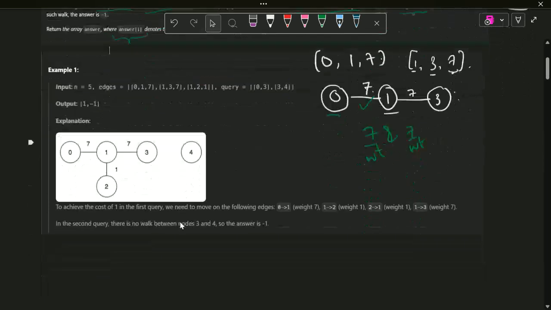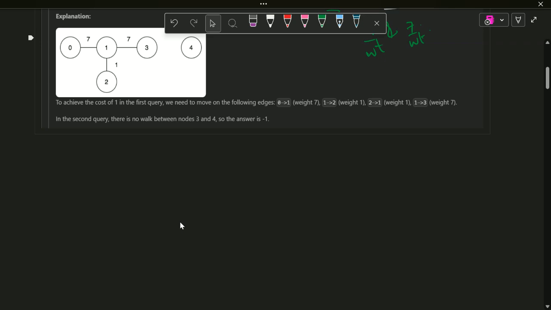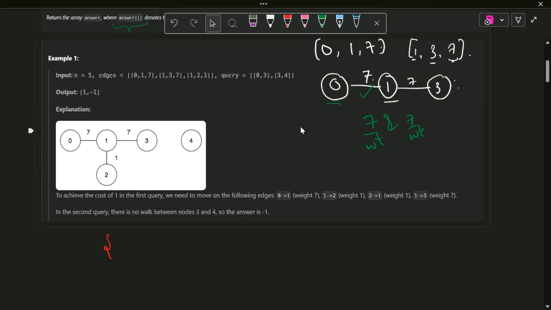Now let us see an example. By seeing the example, you get some ideas. Let's see how I got my ideas. Given n is equal to 5.